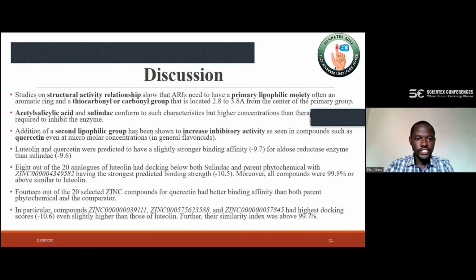So in general, luteolin and quercetin are predicted to have a slightly stronger binding affinity for aldose reductase enzyme than sulindac. 8 out of the 20 analogues of luteolin are docking below both sulindac and the parent phytochemical, with zinc compound.